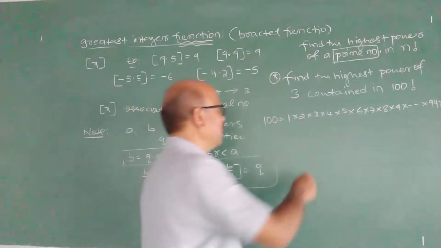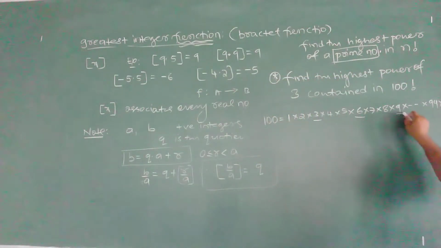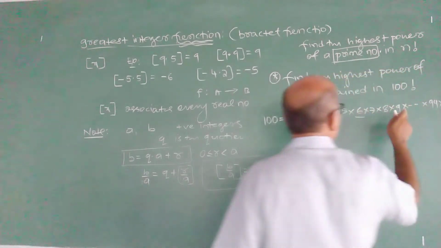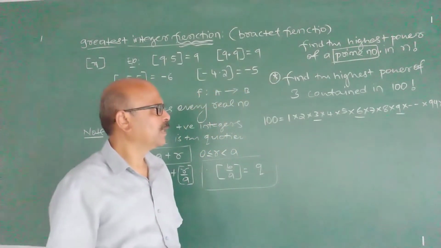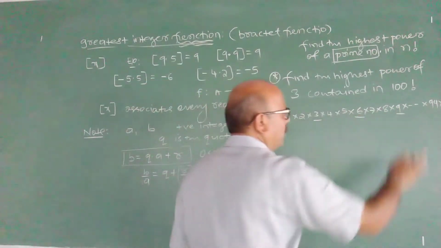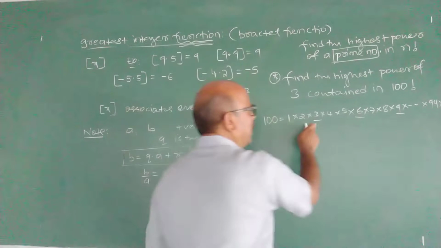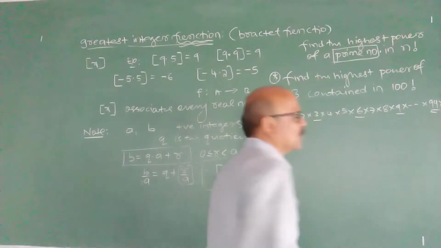What are the powers of 3? 3; 6 contains 3 again; 9 contains 3 twice, of course it is 3 into 3. I first consider only the numbers containing 3 once. How many numbers contain 3? 3, 6, 9, etc., 99.